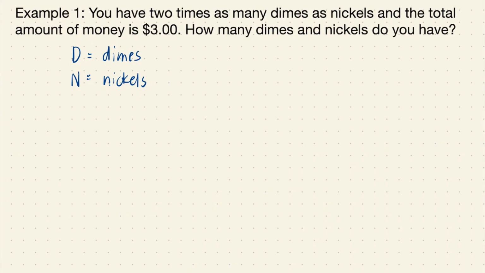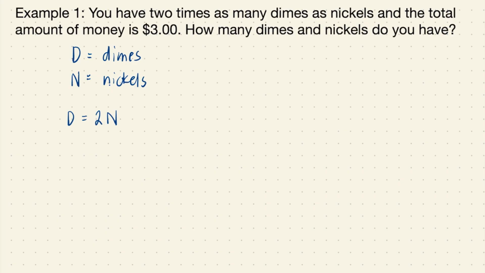So that first part of the sentence translates to dime, D, equals twice your nickels, N. That's how we translate it. Right after defining, we let D be dimes and N be nickels, and we have the relationship based on the first part of the sentence.